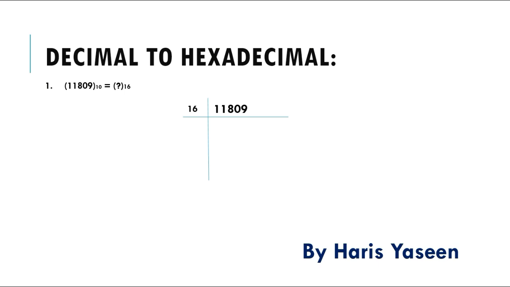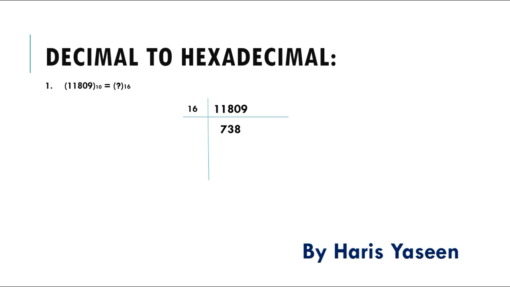So what do we do? We take the third digit. Now this time the concatenation is 118, and 118 is somewhere in the table of 16. So 118 divided by 16, 16 multiplied by 7 is equal to 112. 118 minus 112, the remaining value is 6.